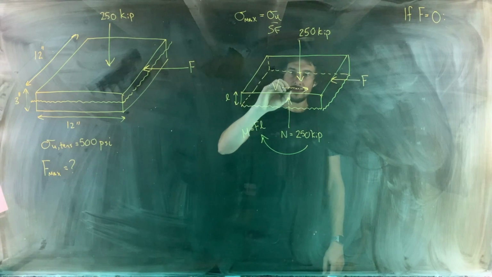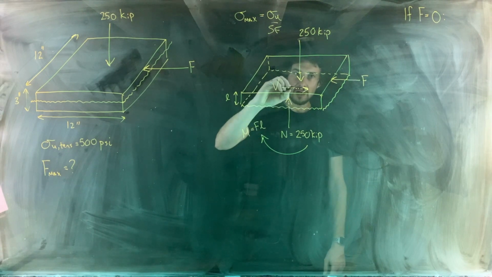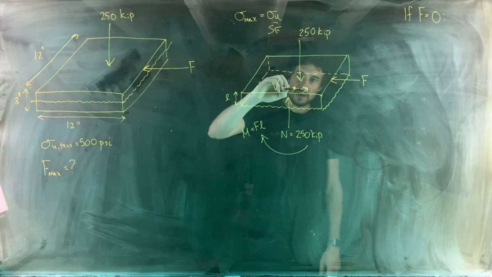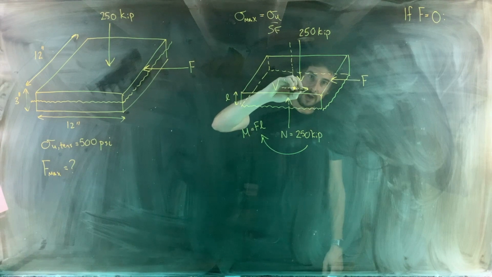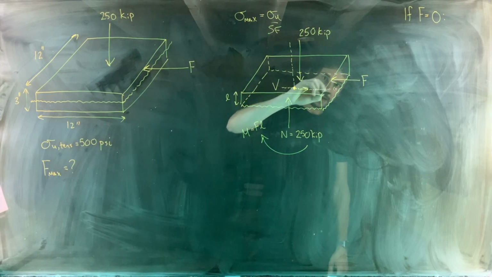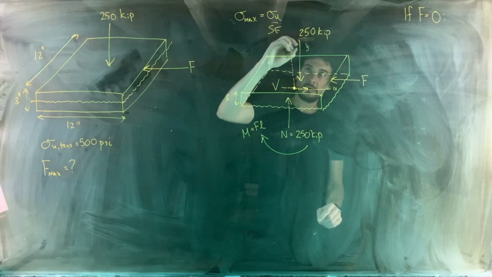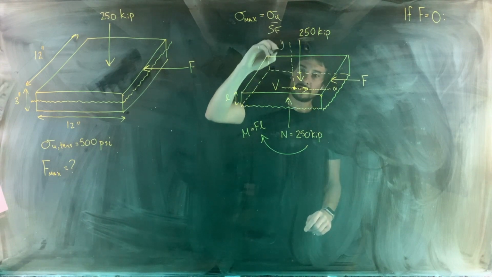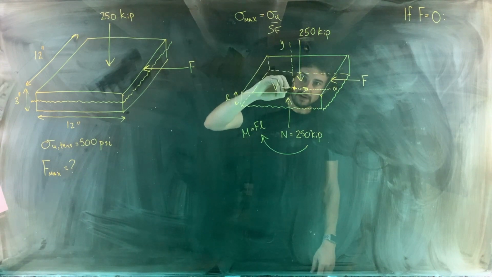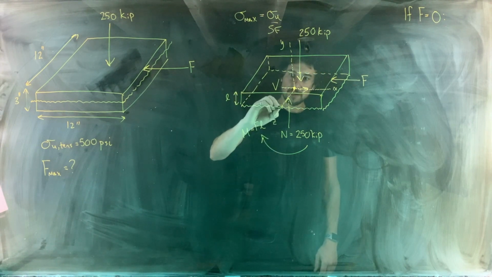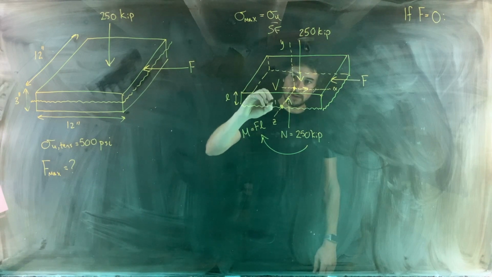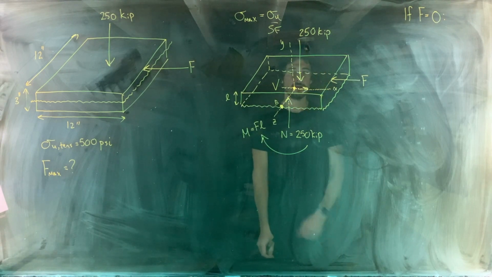So let's take the centroid of this cross section, maybe it's about right there, and let's set up an axis coordinate system. So we've got a y-axis, and x-axis coming out this way. Here's our y-axis here, and then we'll have our z-axis coming out that way. And let's take a point right here and call that point B.